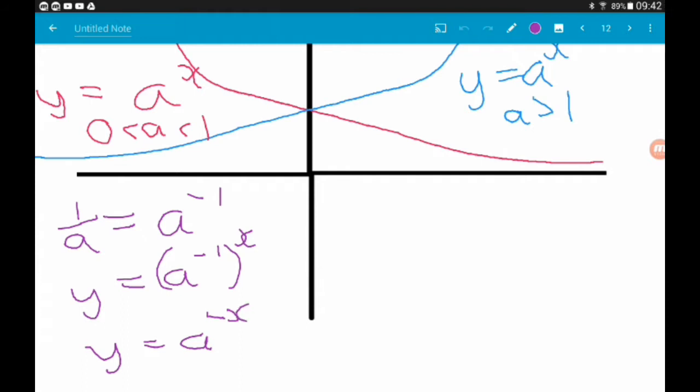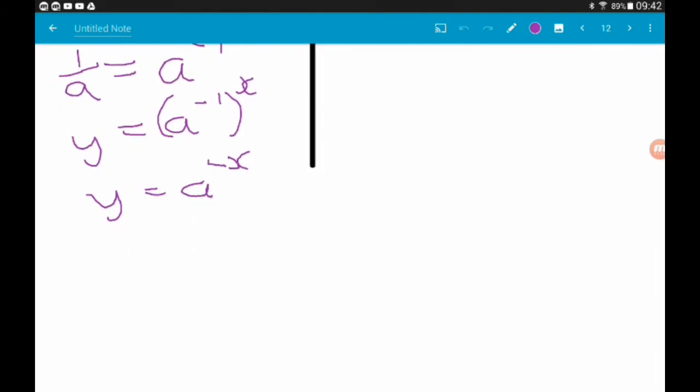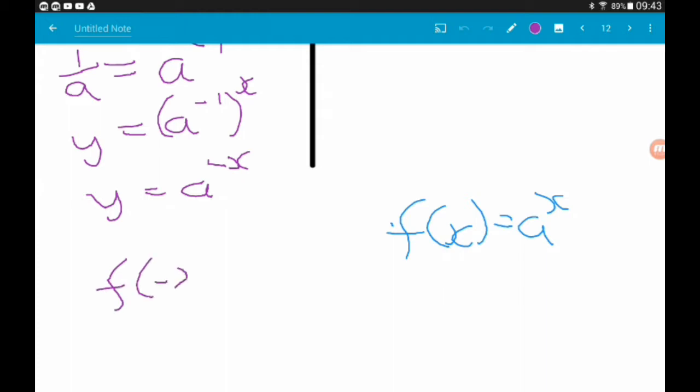So, if we think about this in terms of transformations, if we say on the right we've got f of x equals a to the power of x, we could say on the left that f of minus x is a to the power of minus x.